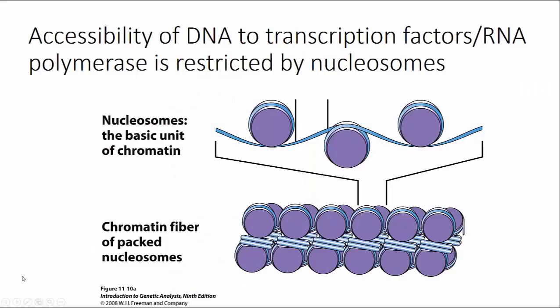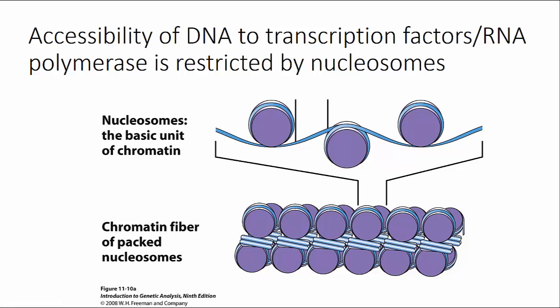So what scientists now understand is that the ability to transcribe a particular gene on the DNA is very, very strongly influenced by how tightly packed the DNA is in that particular region of the chromosome.